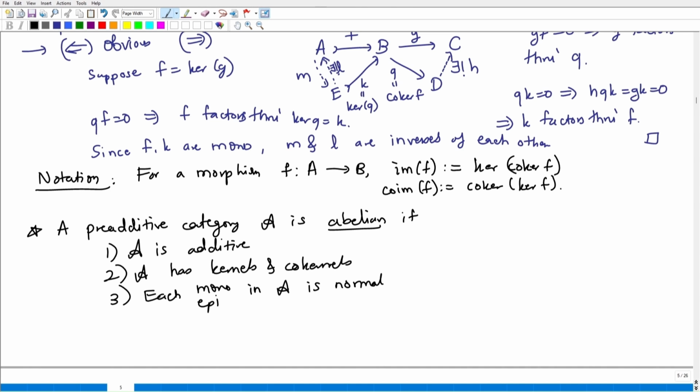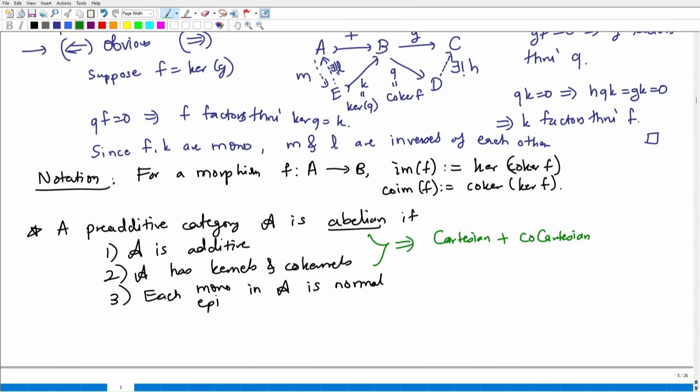So first two conditions, what do they imply together? Yes, Cartesian and co-Cartesian, which is bicartesian. And then the last one says that it's regular as well.